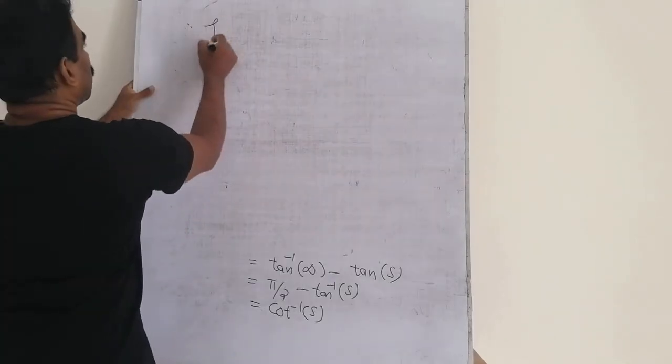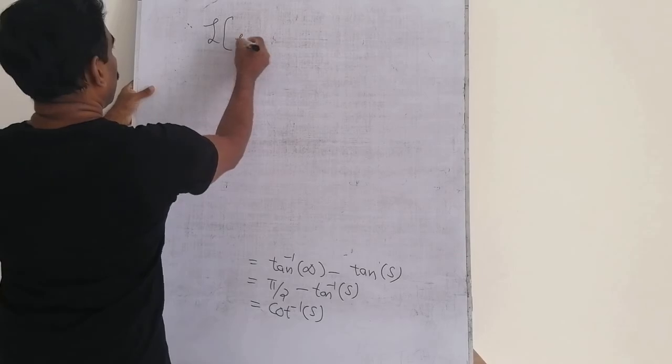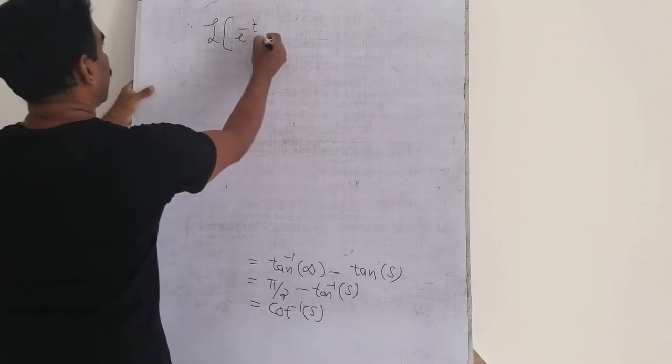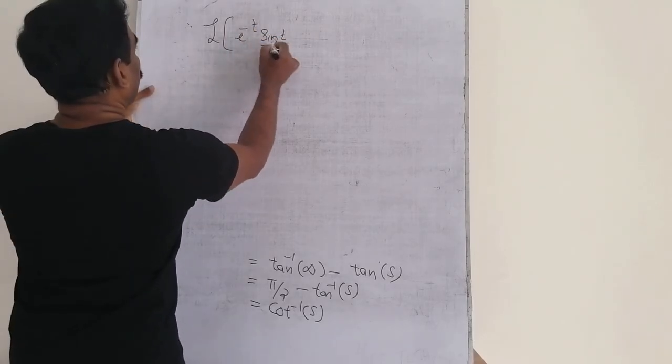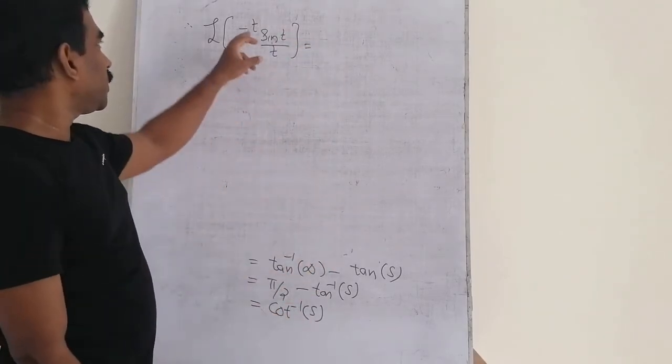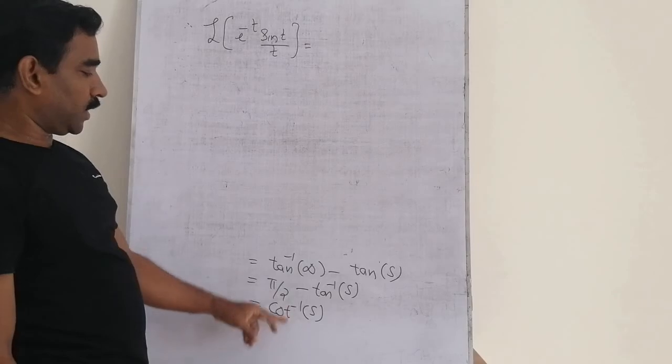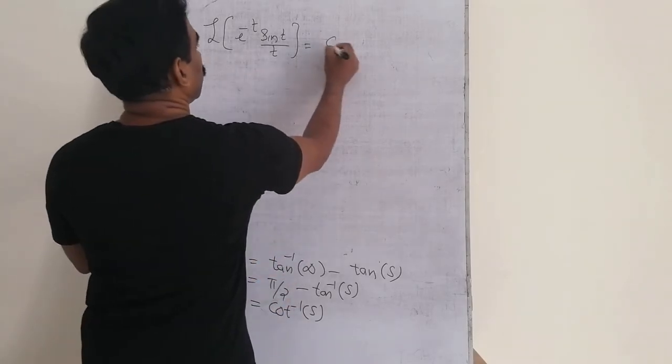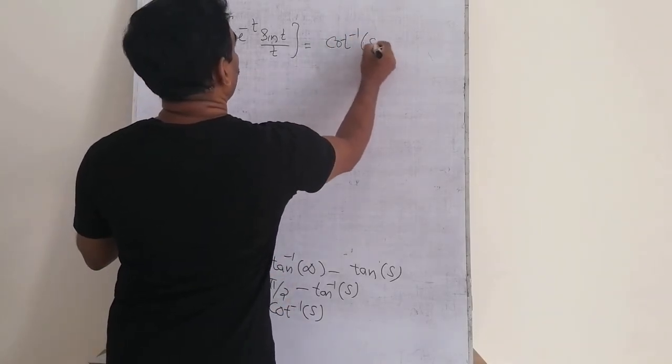Therefore, the transform of e raised to minus t into sin t by t: applying the shifting property, that means every s goes to s plus 1. So this is equal to cot inverse of (s plus 1).